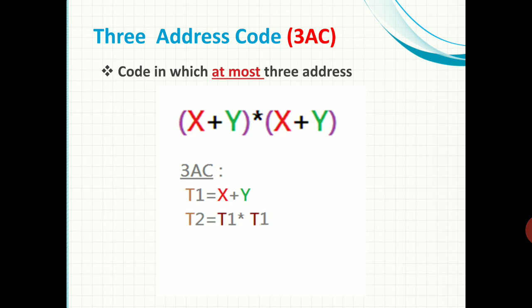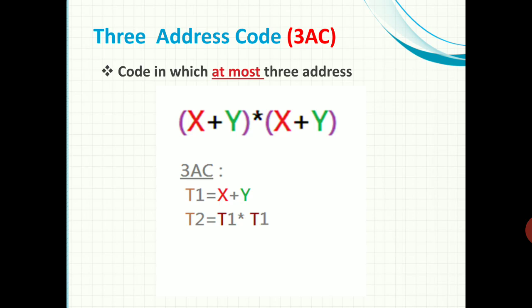Then we can use t1 to evaluate the value of the expression, that is t1 star t1, because it is x plus y times x plus y. So now the result of x plus y is available in t1, so we can multiply t1 by t1 to get the result.